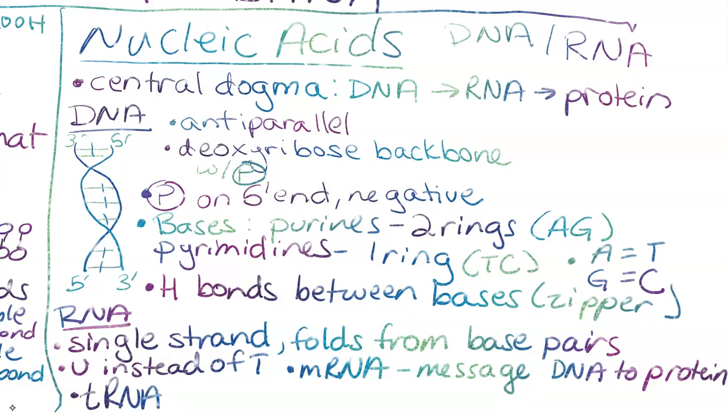I like to call it translated RNA because it translates, it helps turn the mRNA into protein. Brings amino acids to mRNA to make the protein. And the last one is rRNA, which makes up ribosomes.